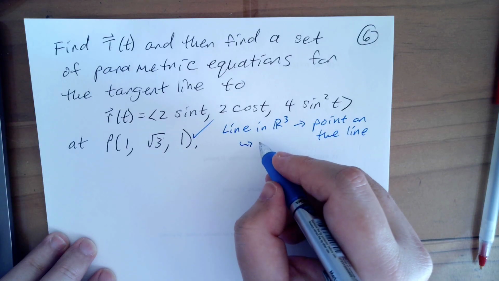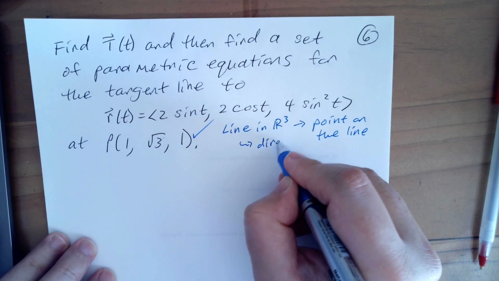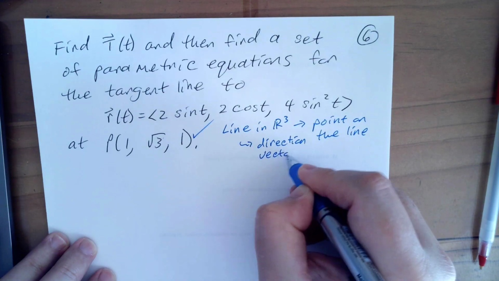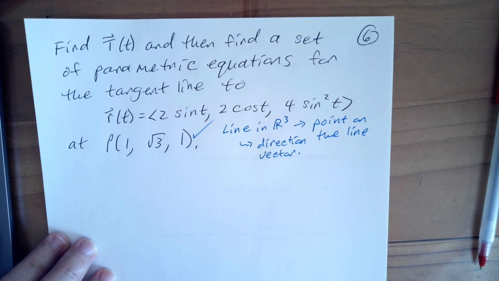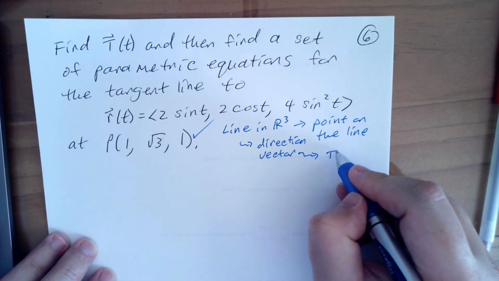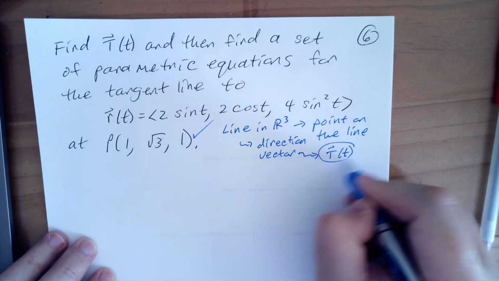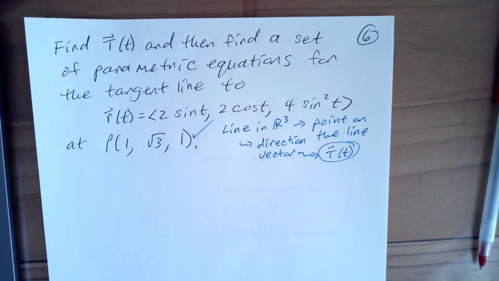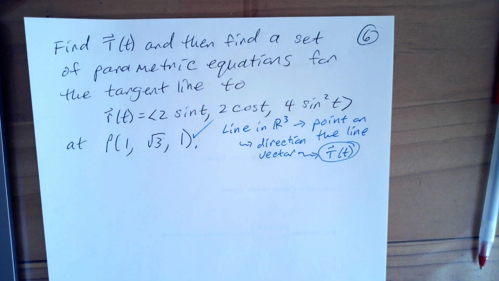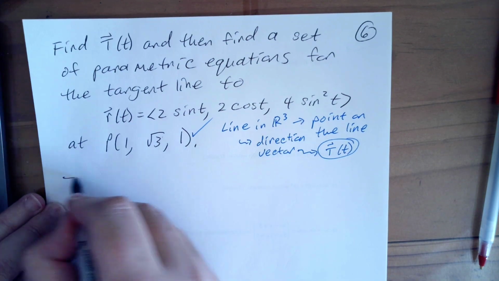We need a direction vector, of course, with the direction numbers. But now our direction vector is going to be given by this T of t. So those are the two things that we're going to need. Okay, let's do it.